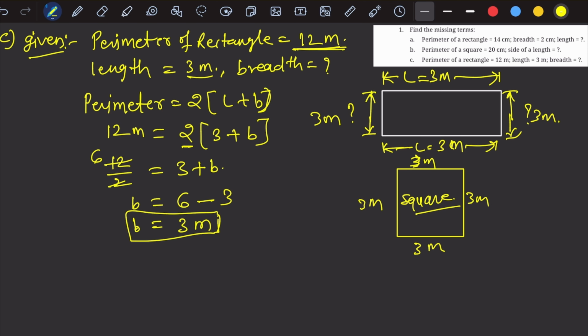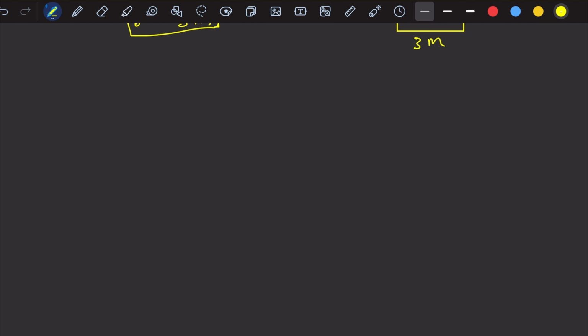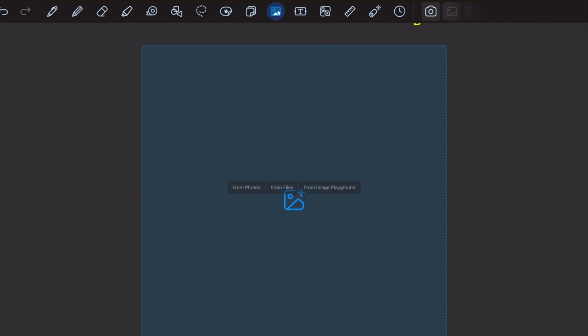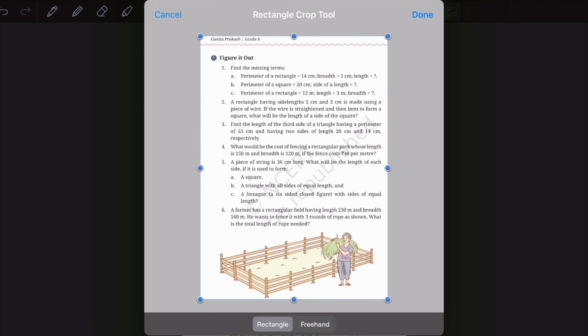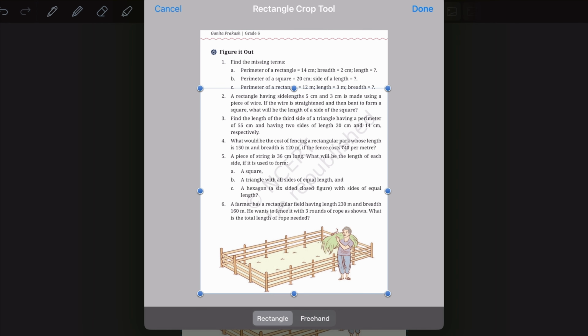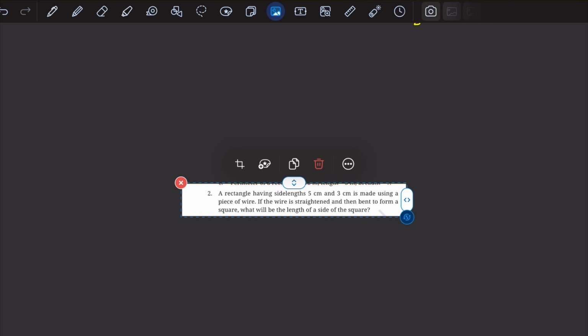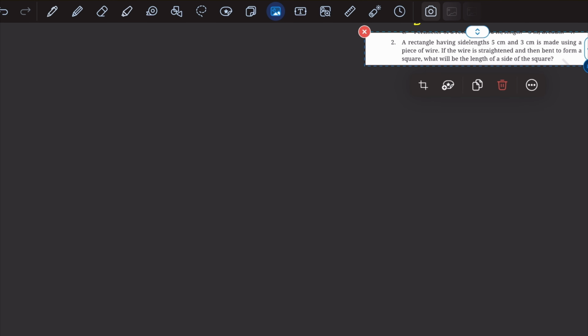Now I will take some more questions. Okay, so I will take the image again. Okay, I will take this question as it is from textbook. Okay, so what is given in the question?